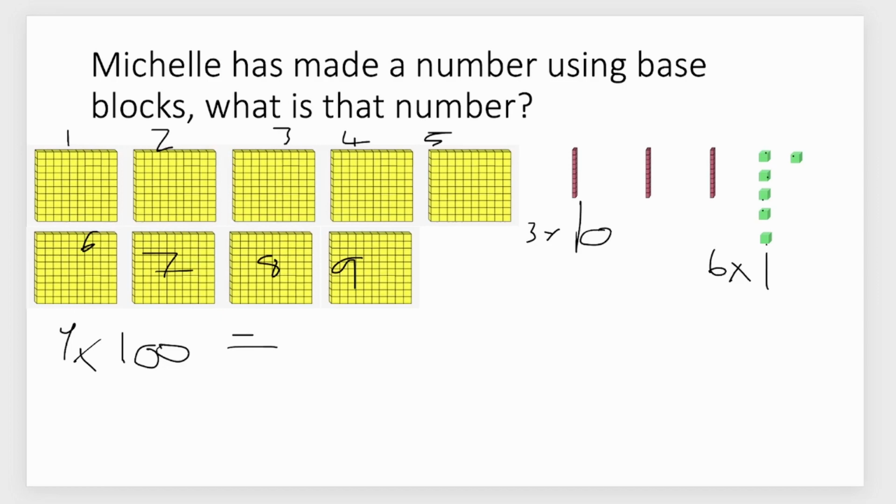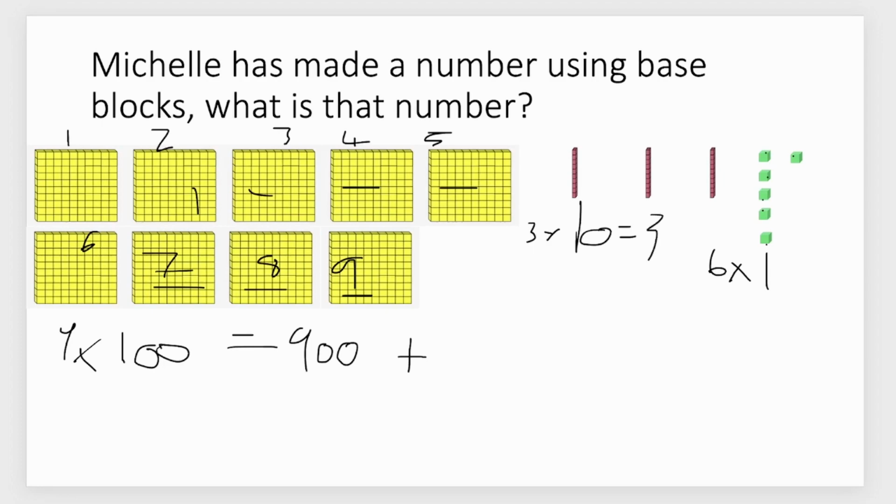So if we get all the answers for these individually, then we can add them up to get the actual answer. So 9 times 100. Let's count to 9 lots of 100. So you have 100, 200, 300, 400, 500, 600, 700, 800, 900. Right now we're just making our equation. So 3 times 10. So let's just count how many 10s we have here. 1, 2, 3. So 10, 20, 30.